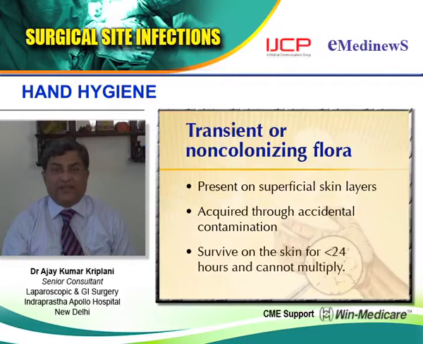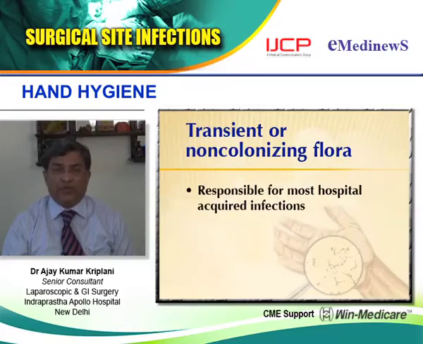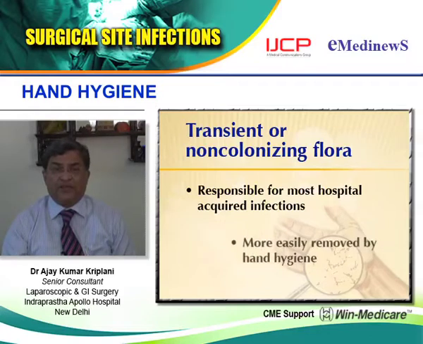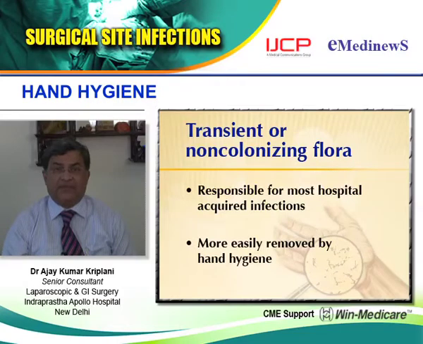They survive on the skin for less than 24 hours and cannot multiply. They are responsible for most hospital-acquired infections. Unlike the resident flora, transient flora are more easily removed by hand hygiene.